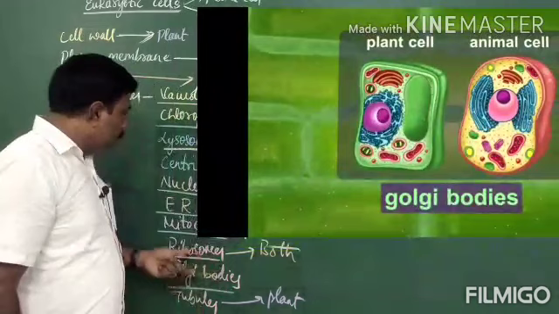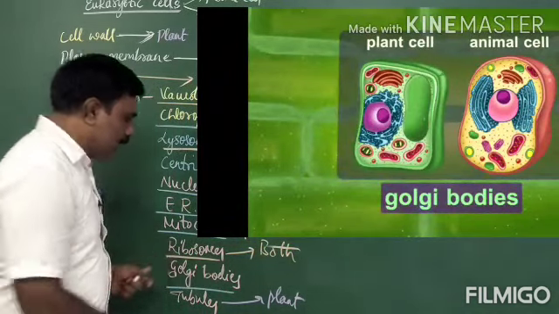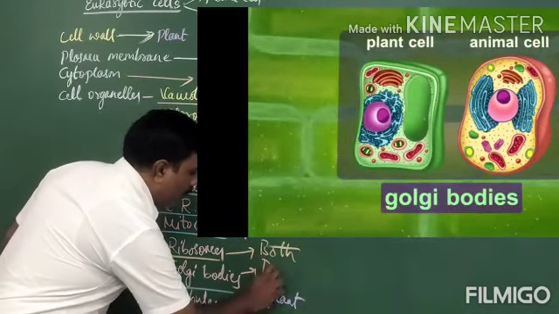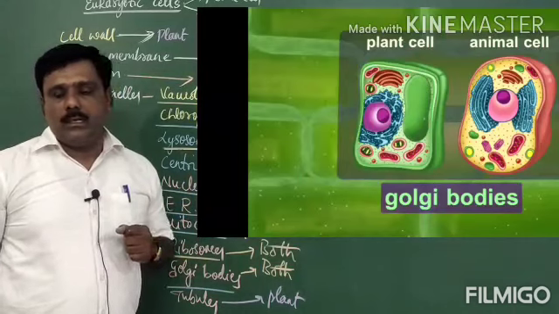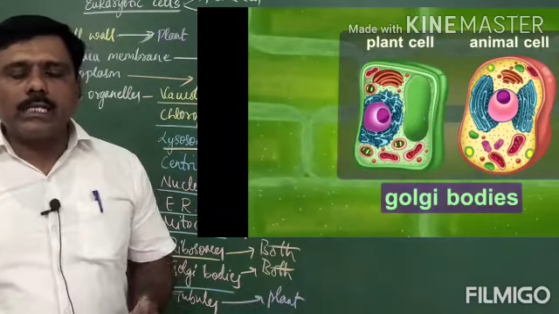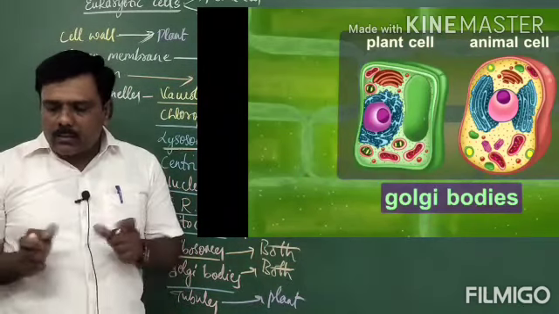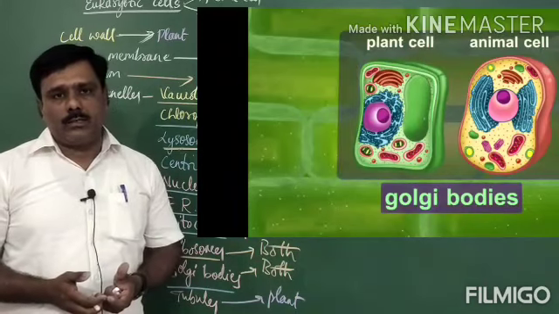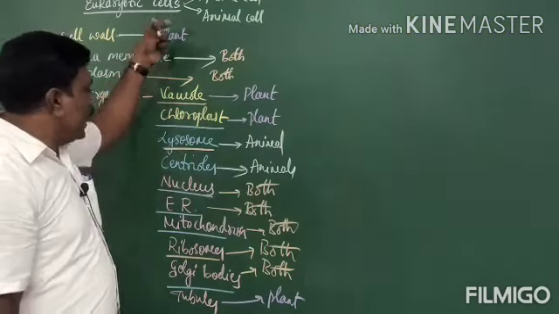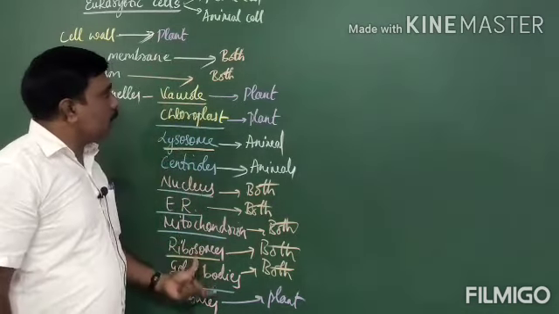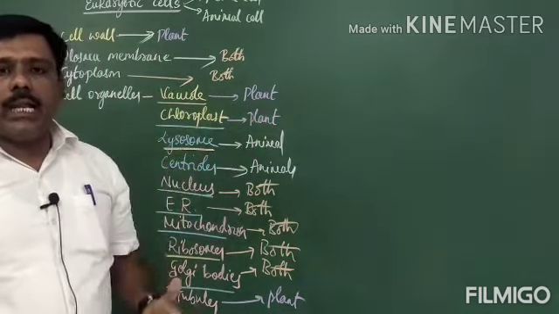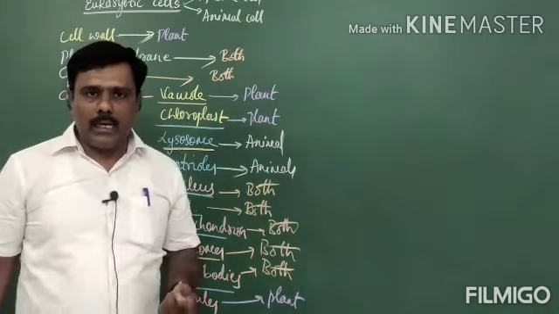Then we have the Golgi bodies. These Golgi bodies are also found both in plant and animal cells, right? They contain varieties of enzymes. So these are some examples of the components of plant and animal cells.